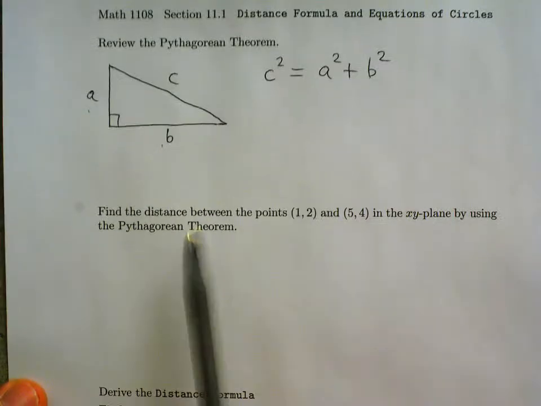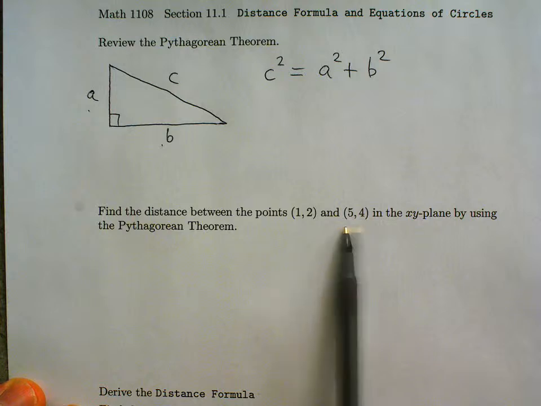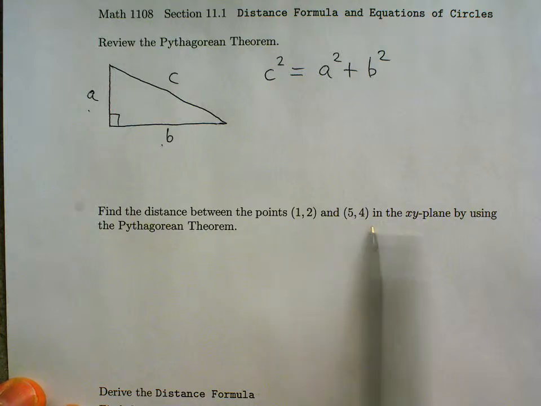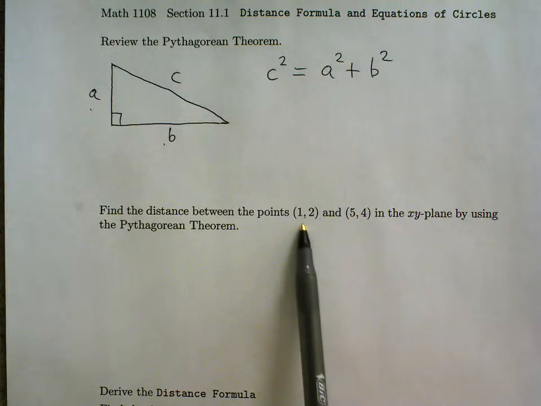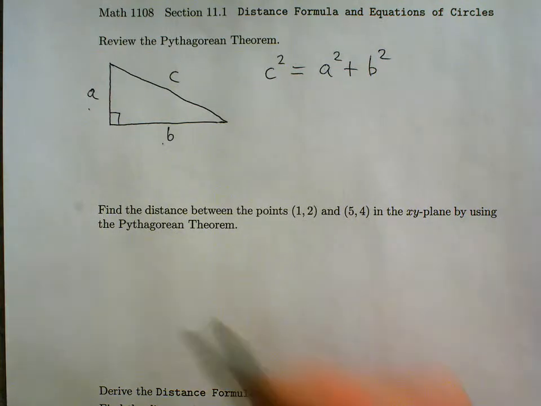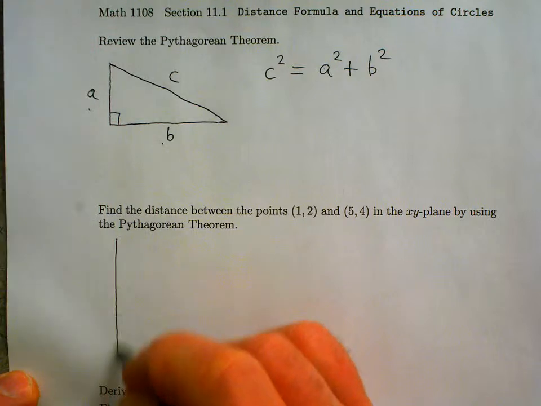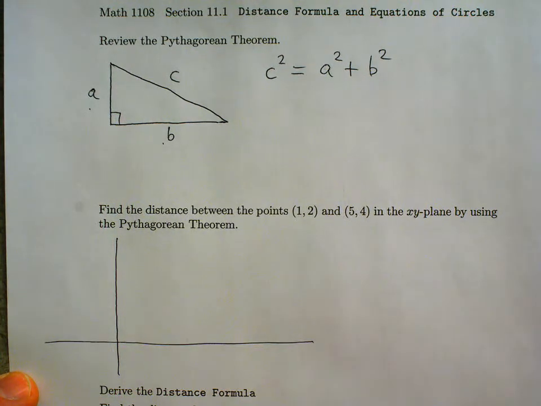So we'll find the distance between 2 points in the xy plane by using the Pythagorean Theorem. So we'll plot these points 1, 2, and 5, 4. We'll draw a y-axis and an x-axis.